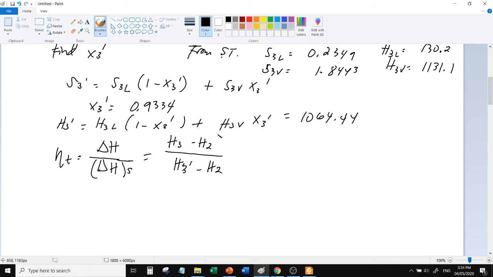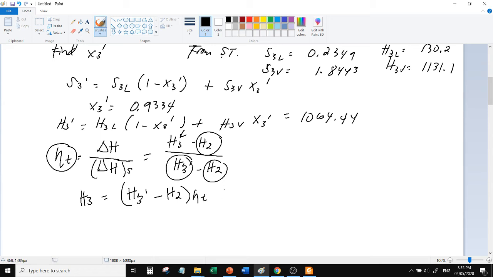So, meron tayo nito, H2, meron tayo ng H3 prime, unknown, masasolve ba natin yung H3 prime, H3 actual pala? Yes. So, rearranging, H3 prime minus, tama.